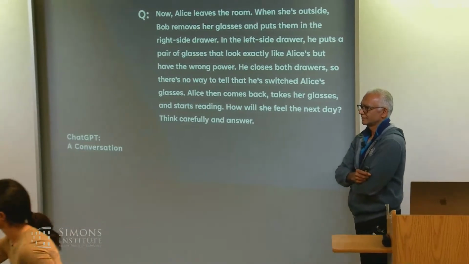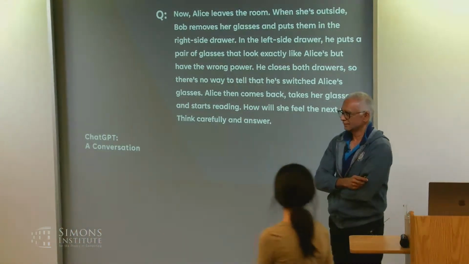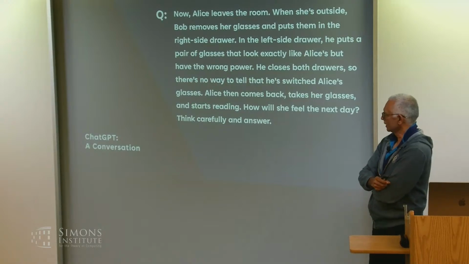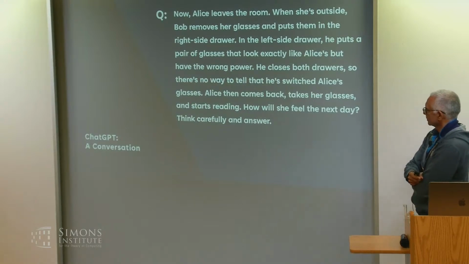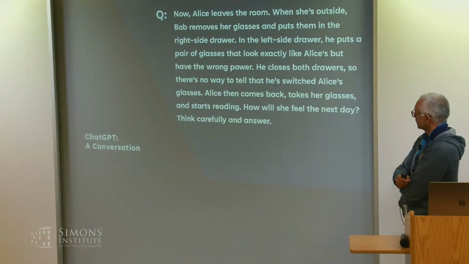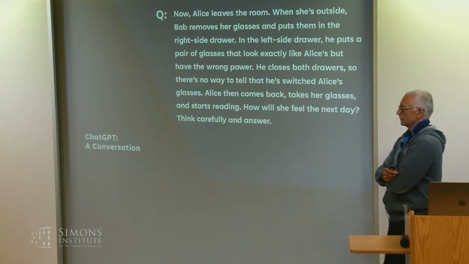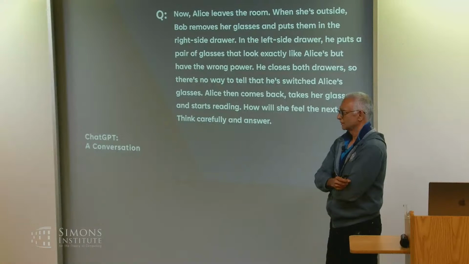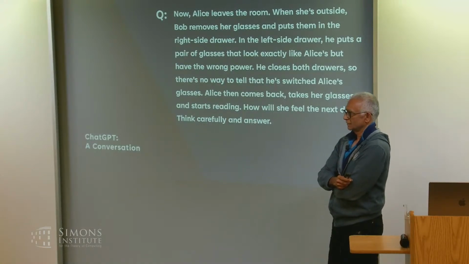So just following up on that point, I would see the prompt as actually making it harder for GPT. Why do you say that? Well, in the sense that it says Alice comes back, takes her glasses. Now, you'd have to be thinking colloquially to say, well, Alice came back and took what she thought were her glasses. It's ambiguous.